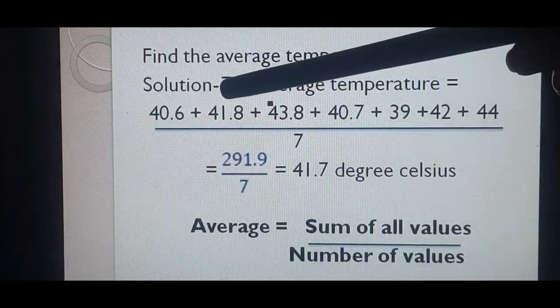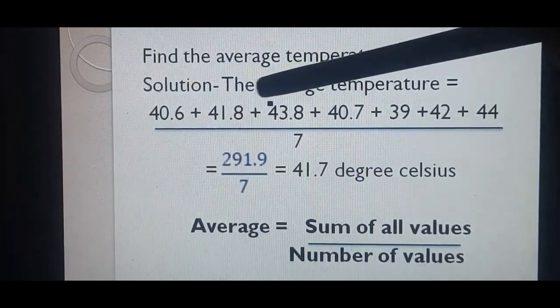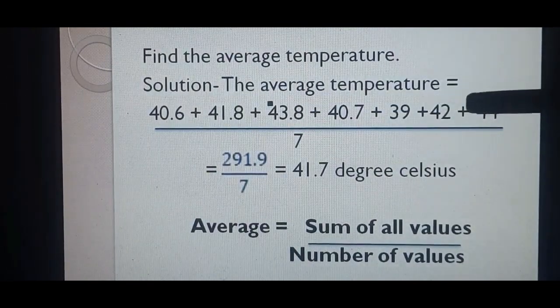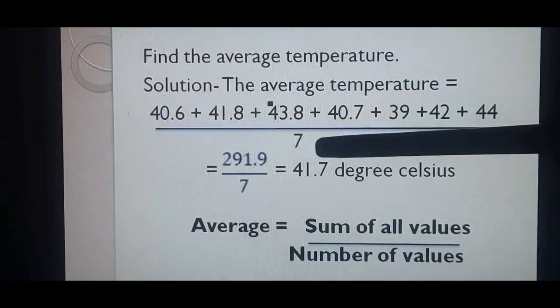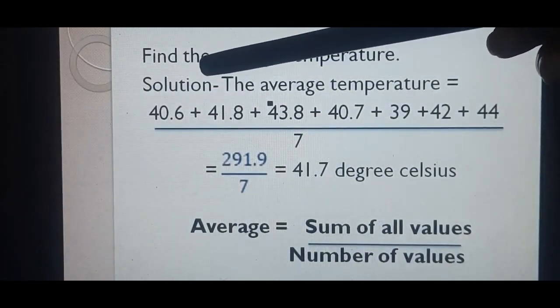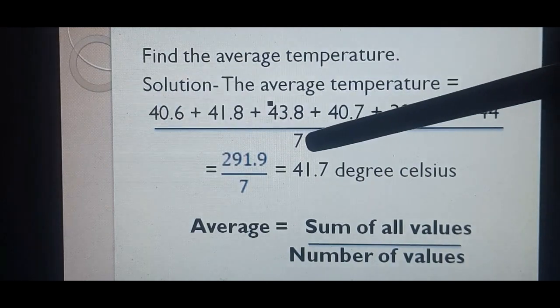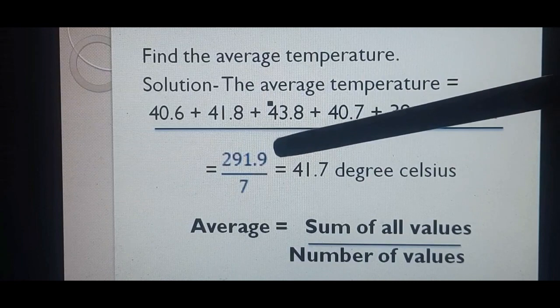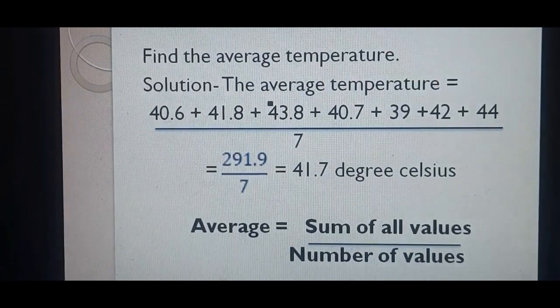So 40.6 plus 41.8 plus 43.8 plus 40.7 plus 39 plus 42 plus 44 upon how many days were there? 17 June to 23rd June, 7 days. Okay. So after adding this, we will get 291.9 upon 7.